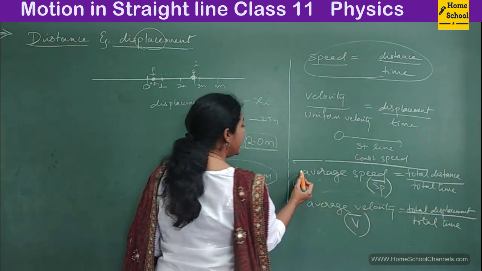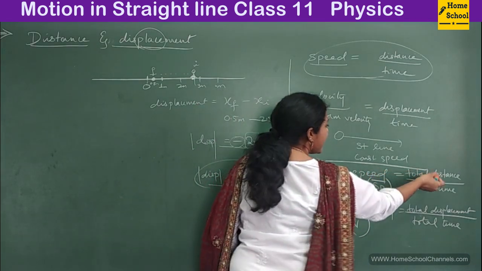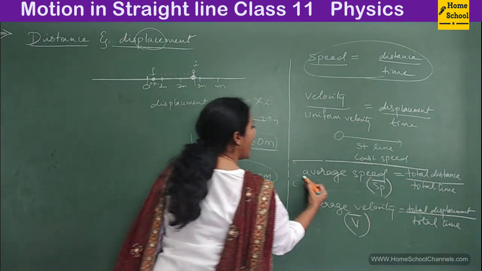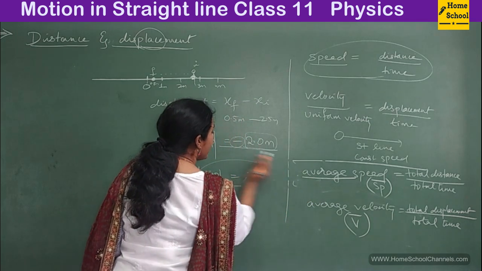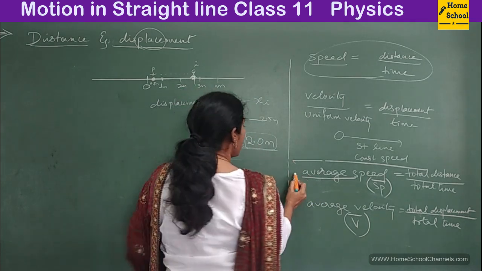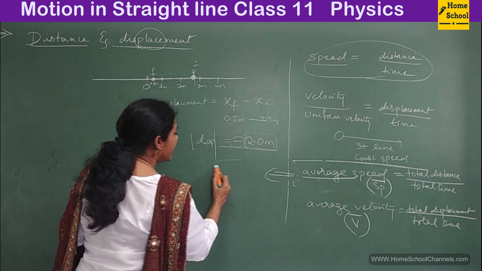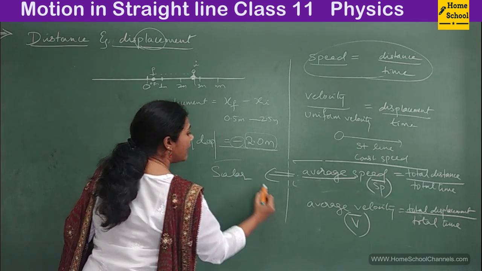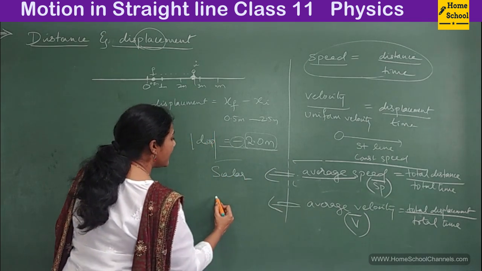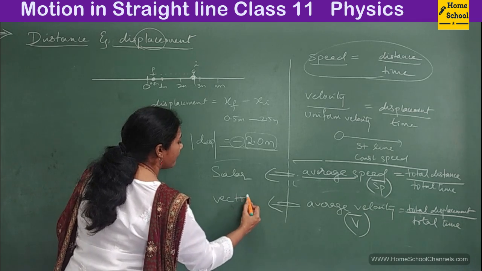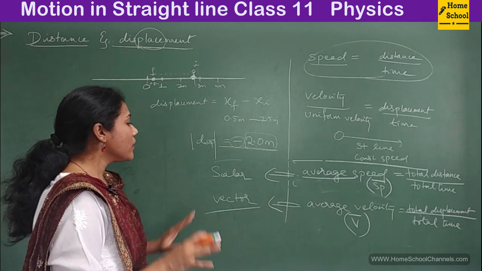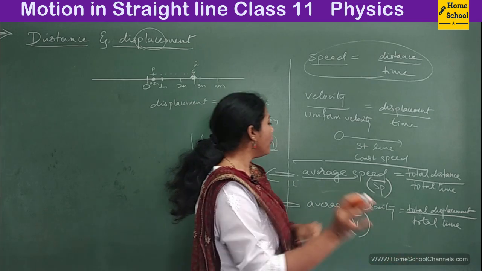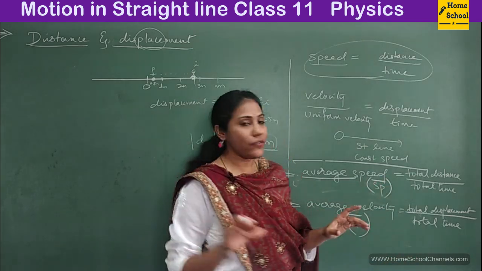Since total distance is a scalar, average speed is a scalar quantity. Average speed is always scalar and average velocity is always a vector quantity. This is all about the concept of average speed and average velocity.